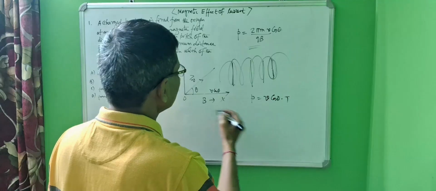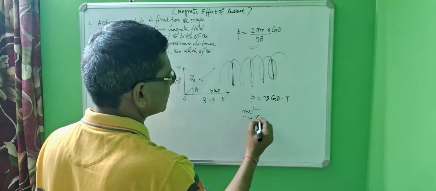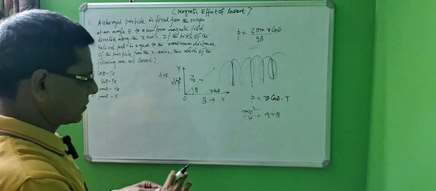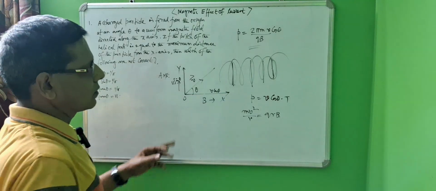So now we know mv square by r equals to qvB, because here is a particle thrown and here is a magnetic field.